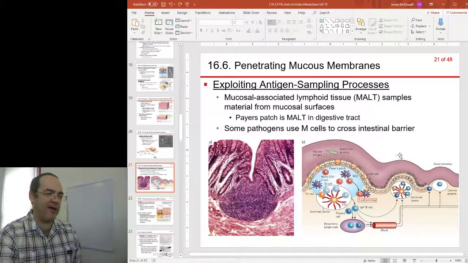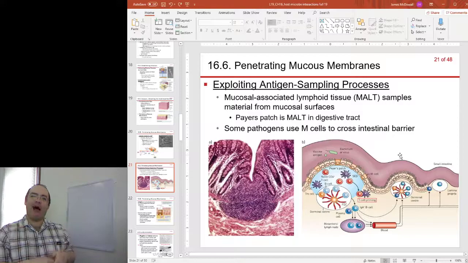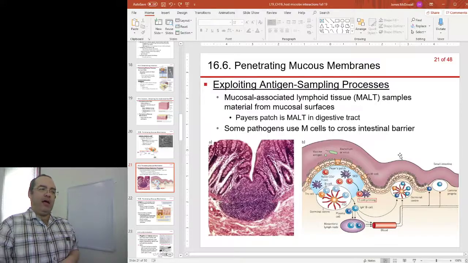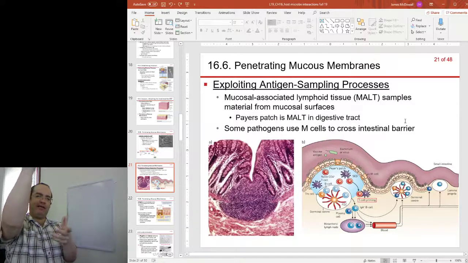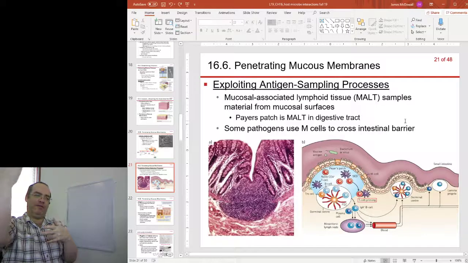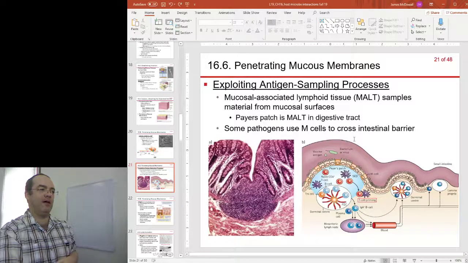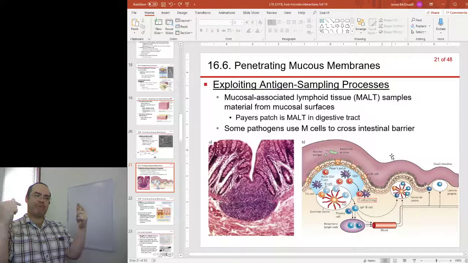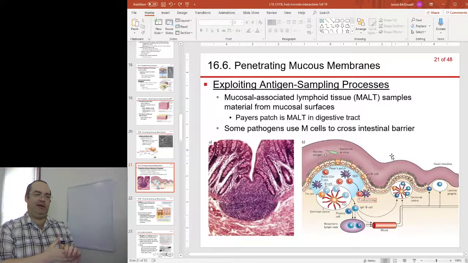And once again, if you think about the inside of your intestinal tract, that really is outside of your body in most important senses. So there are places called Peyer's patch in the digestive tract, and their job is to see what's going on, to pull in material from the interior of the intestines across the barrier, and the idea is then that anything that's pulled across the barrier is destroyed.